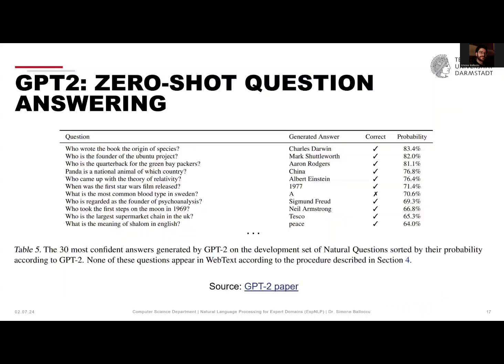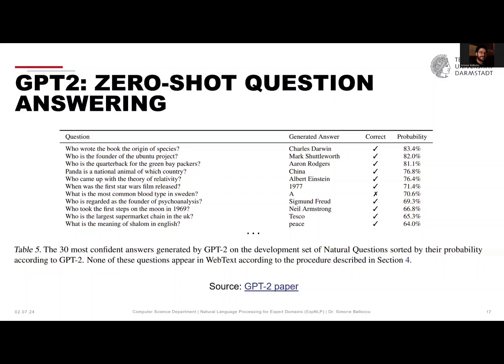Not only that, GPT-2 could also do some zero-shot question answering. You can see here, again from the GPT-2 paper, some questions that were asked to GPT-2. Who wrote the Origin of Species? Who is the founder of the Ubuntu project? Or who came up with the theory of relativity? And GPT-2 can produce very, very often correct answers as the most probable tokens.